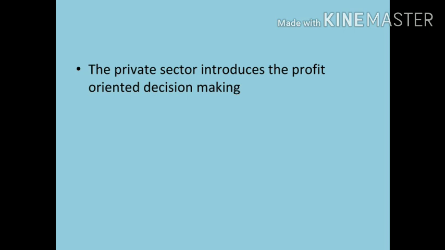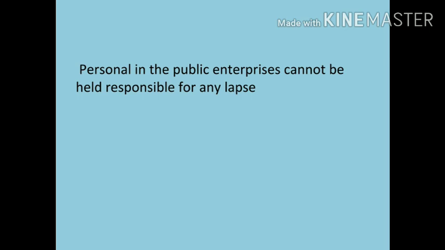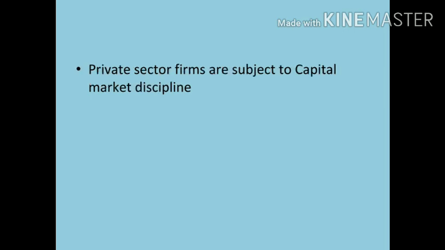The second point is that in public sector enterprises, no one can be held responsible for any lapses, because people shift the responsibility from one person to another. But in the private sector, the job role is clearly defined, and this makes it possible to take people to task in private sector units. That's the second point.